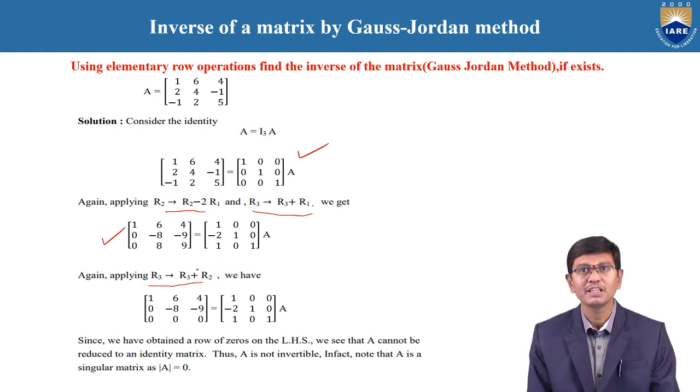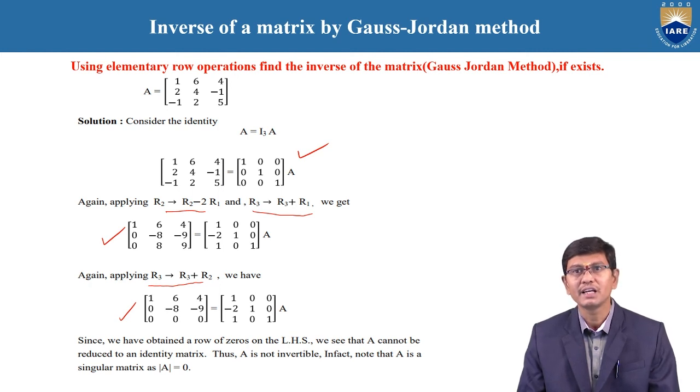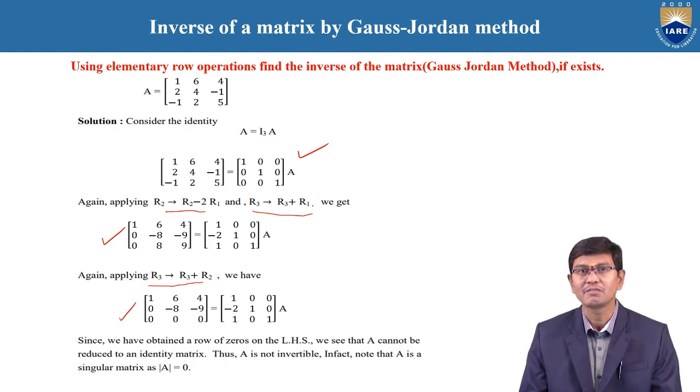And when we observe this matrix, its inverse does not exist, because the last row is clearly all 0 values. The given matrix should reduce to the unit matrix of order 3, but this matrix cannot be reduced to the unit matrix of order 3.